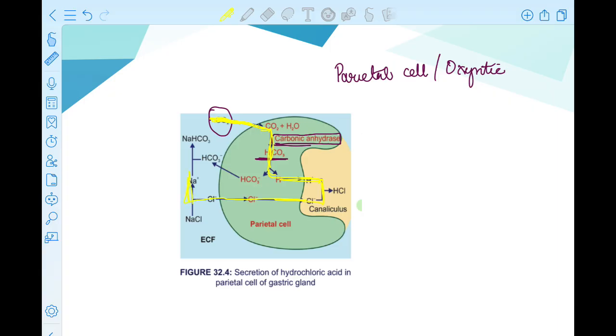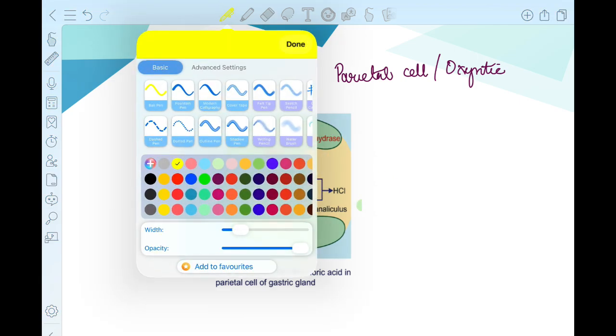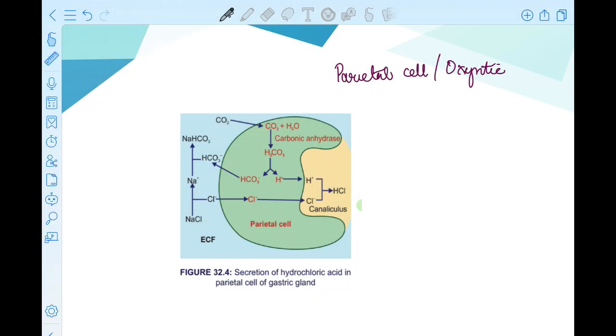Just learn the pathway. So carbon dioxide enters the parietal cell, combines with water to form carbonic acid with the help of carbonic anhydrase, and this splits into bicarbonate and H plus ions, and the H plus ion is actively pumped into the canaliculus.